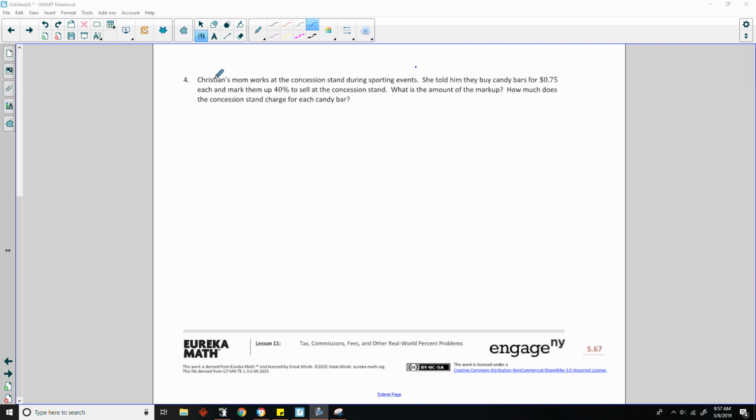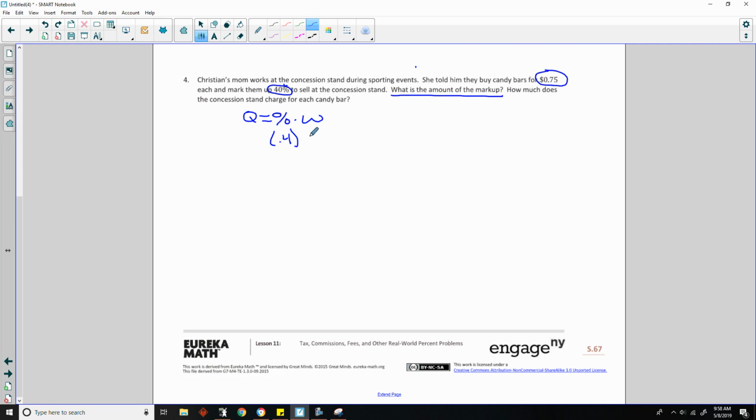Okay, number 4 says, Christian's mom works at the concession stand during sporting events. She told him they buy candy bars for 75 cents each and mark them up 40% to sell at the concession stand. What is the amount of the markup? So some quantity equals some percent times the whole. Okay, so the markup is 40%, which is 0.40 or simply 0.4.